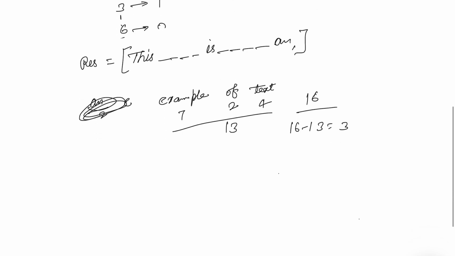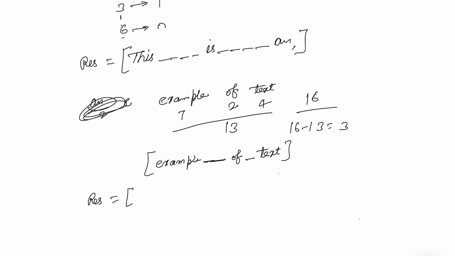So what will happen after example? There will be 2 spaces. I am showing a space in the form of an underscore, and after of there will be 1 space and text. So this will be the second line. Then we will add this one again inside result, so it will be appended inside this result.